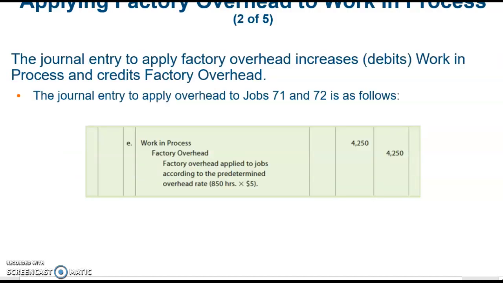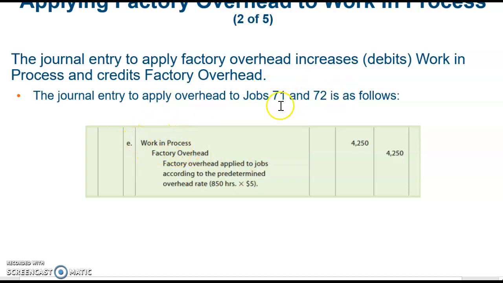Okay, so what does the journal entry look like? Well, we're going to take it out of factory overhead because we are actually applying it to a job. And when we place it, we're going to place it into WIP, because the only way to accumulate cost in that job is to put it in WIP.